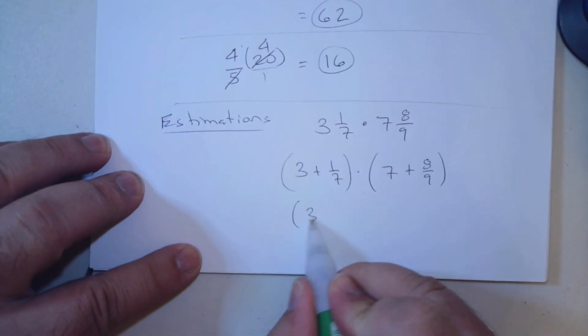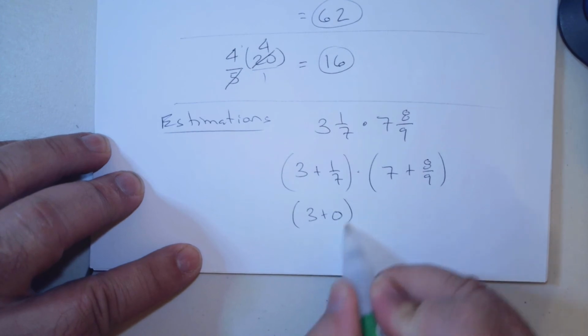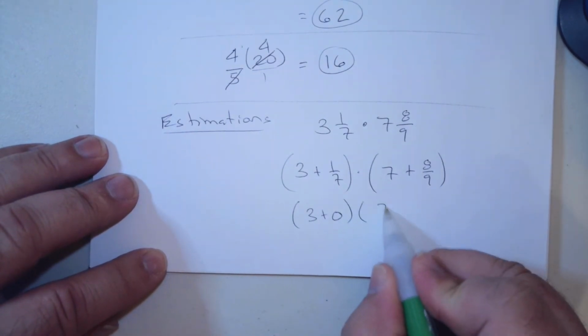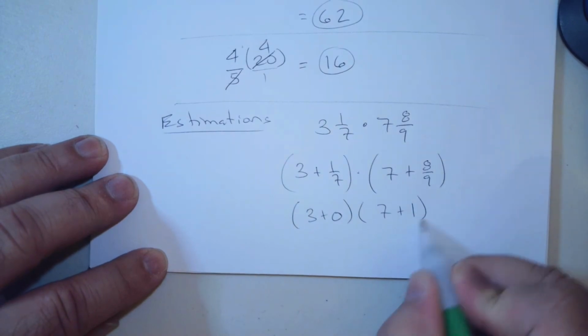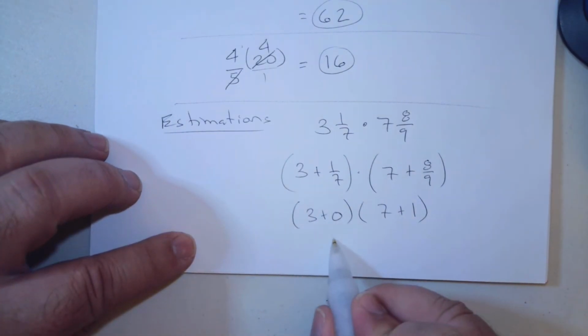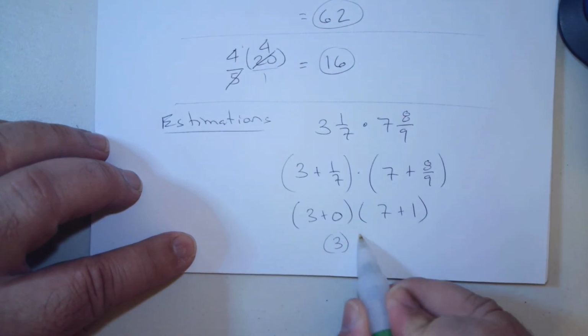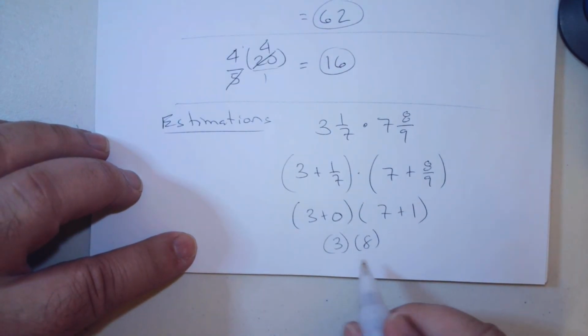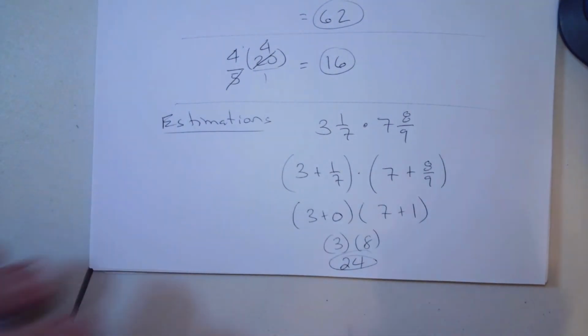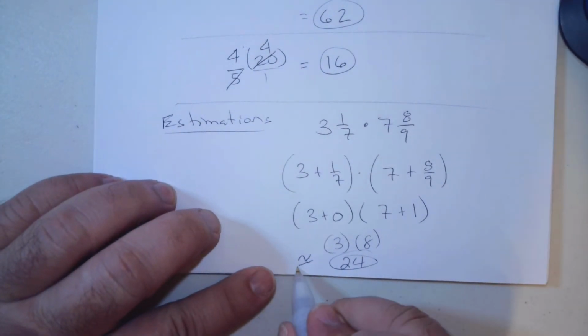So this is pretty close to 0. This one's pretty close to 1. 3 plus 0 is 3. 7 plus 1 is 8. 8 times 3 is 24. There's my estimation.